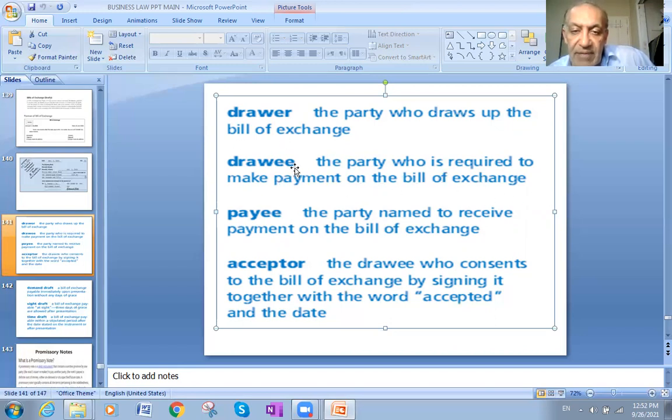You have to pay for me. And the payee, the party named to receive the payment on the bill of exchange. Acceptor, the drawee who consents to the bill of exchange by signing it together with the words accepted and date.